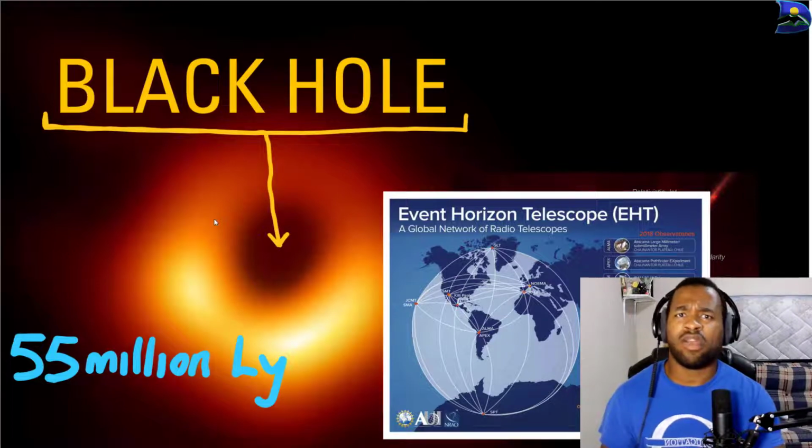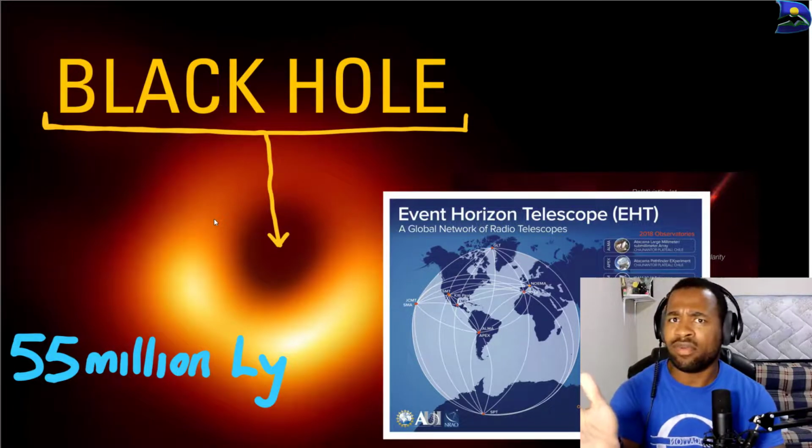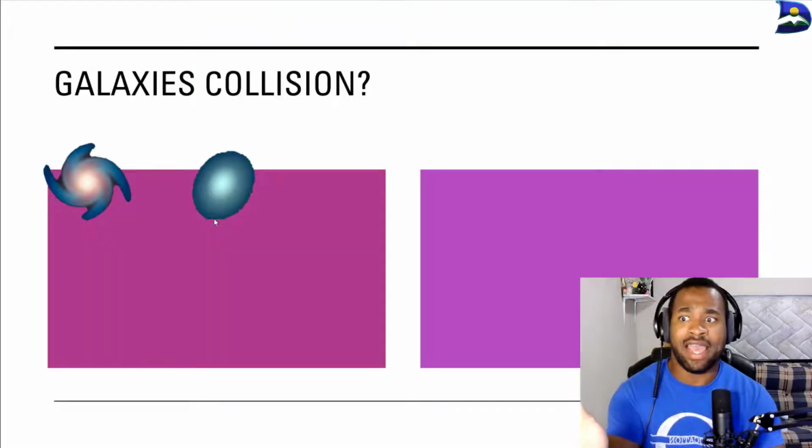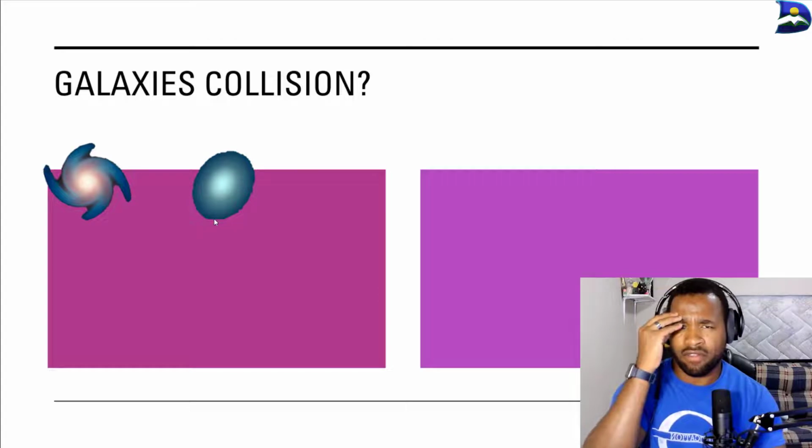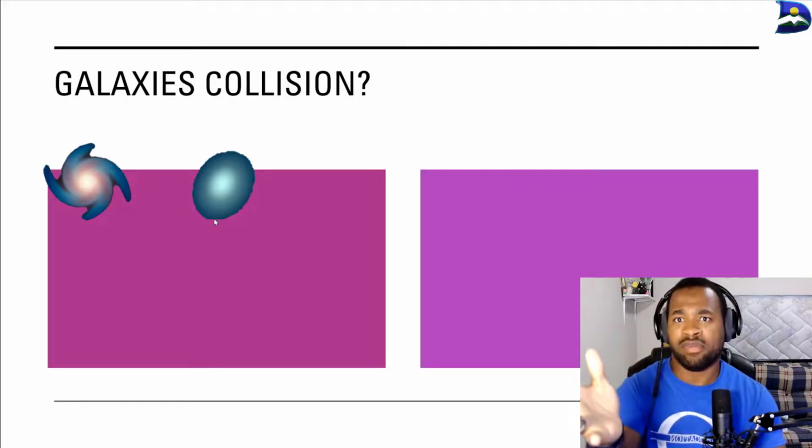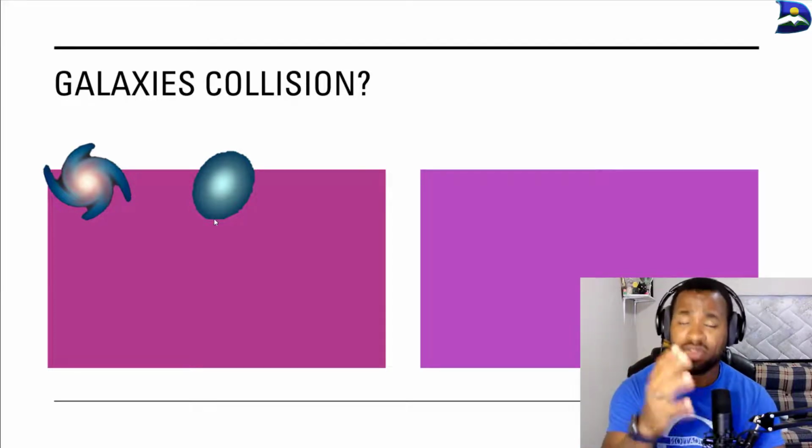Now let's talk about what happens when galaxies collide. And when galaxies collide, there are a couple of things to be aware of. First, is this actually possible? Yes, it is really possible.